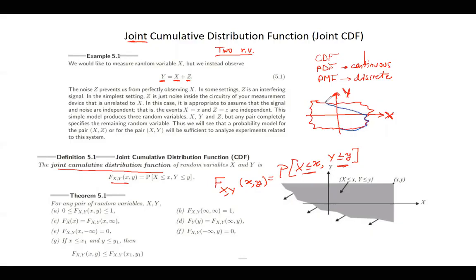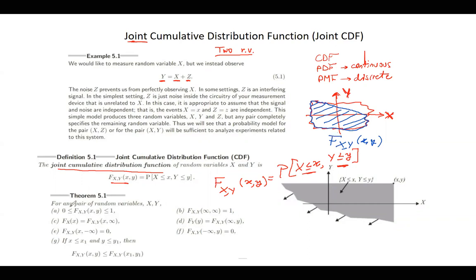So this could be the region where we define this F, X, Y. For every x and y, we can define a region. So simply, the joint cumulative distribution function defines a region over the XY plane.